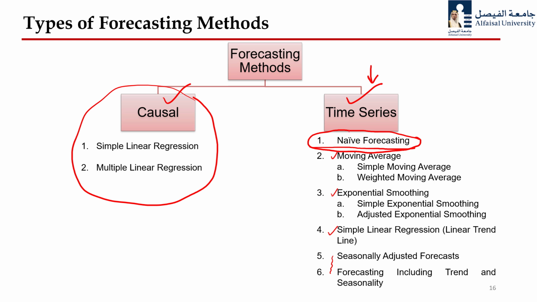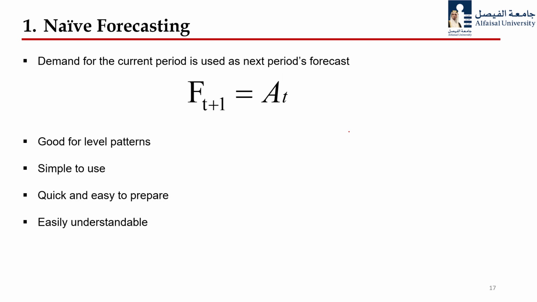So first of all, let's discuss what naive forecasting is. As you can see, F(t+1) means we are going to predict the one period ahead forecast. The one represents the forecast horizon.